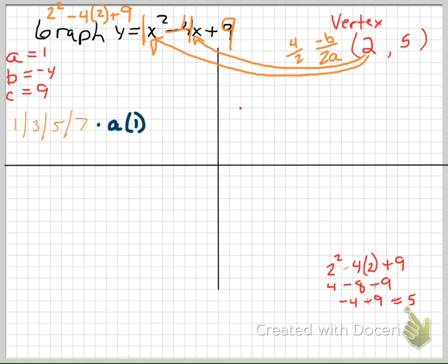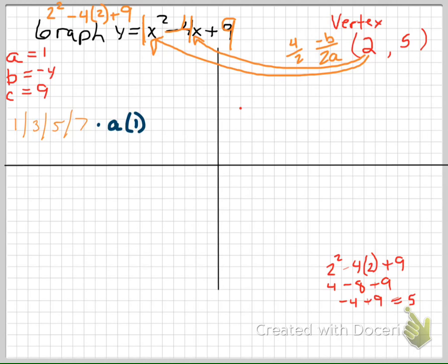So it doesn't change. So what we're actually going to do is go up 1, 3, 5, 7. When a is 1, that is a standard parabola. When a changes, that's when the parabola changes.